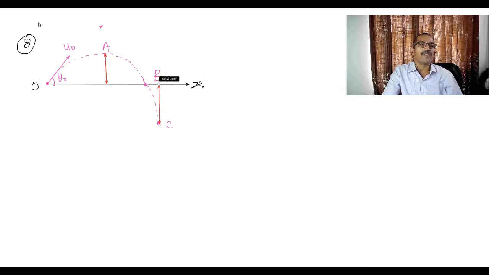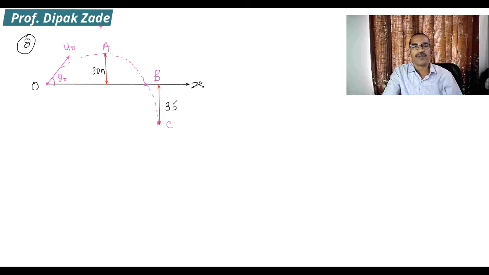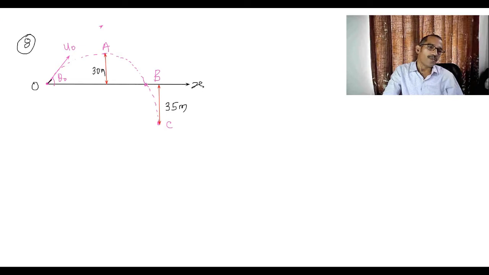Just assume this is 30 meter, and this one is given as 35 meter vertical dimension. Now the point of projection is here, this is the initial position.